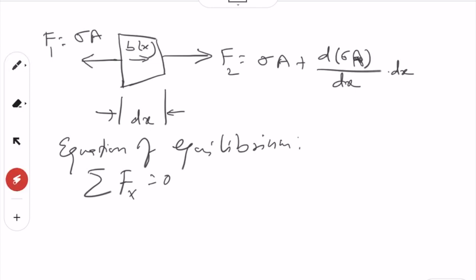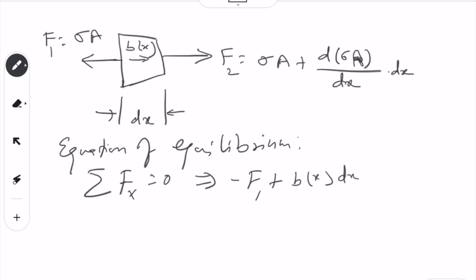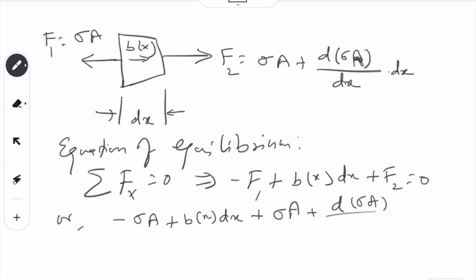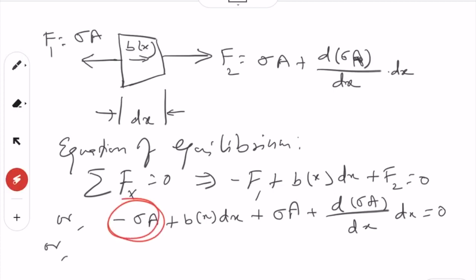What that really means is minus F1 plus Bx multiplied by dx plus F2 is equal to 0, or minus sigma A plus Bx dx plus sigma A plus d sigma A divided by dx times dx equal to 0. What we see here is we have minus sigma A here and plus sigma A here, so they cancel out.